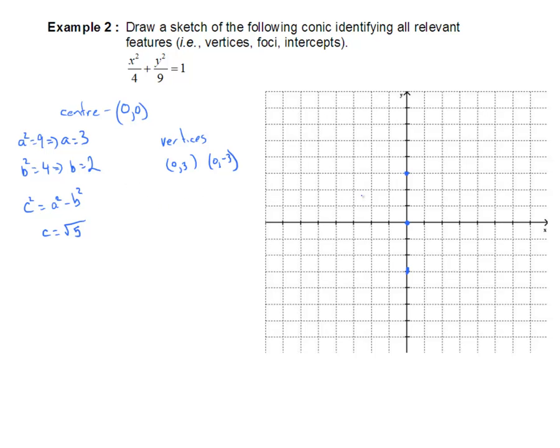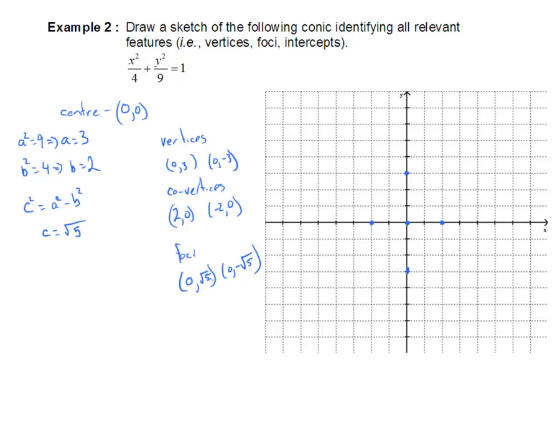For b, we have 2 spaces to the right, and 2 spaces to the left. So co-vertices are 2, 0, and minus 2, 0. The foci then is all we have left. That's up and down, so we're going to go 0, root 5, and 0, negative root 5.